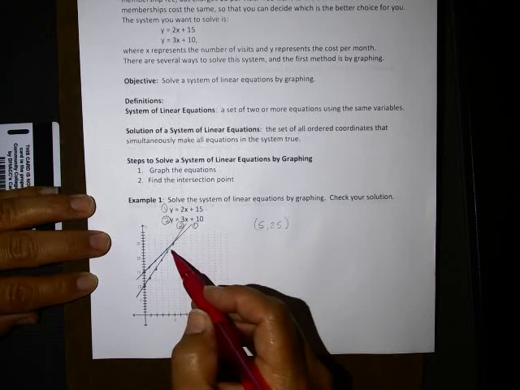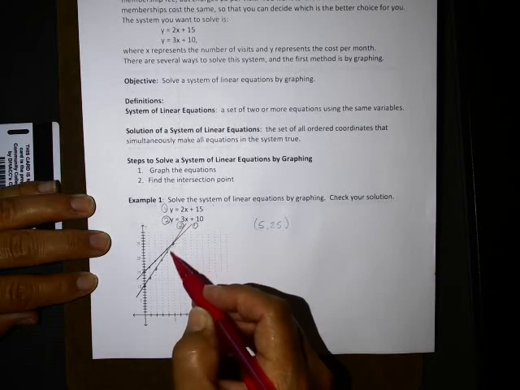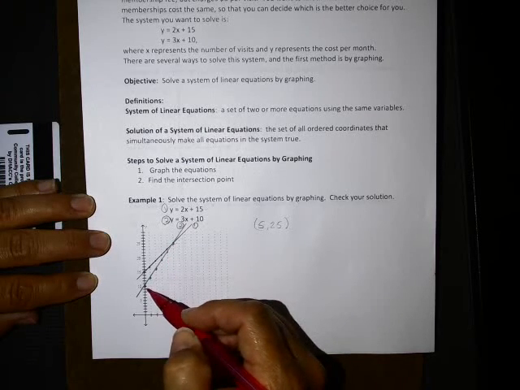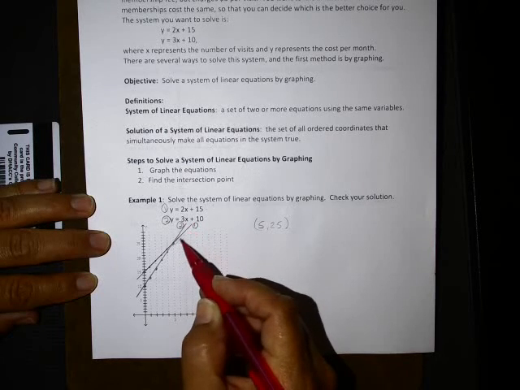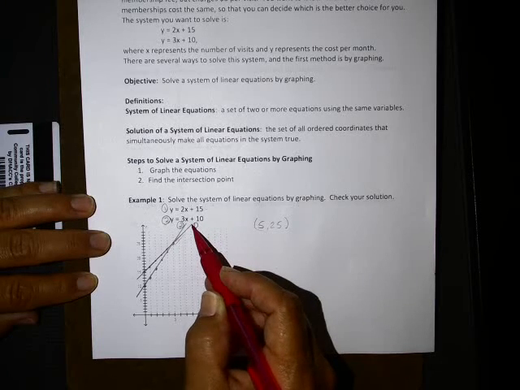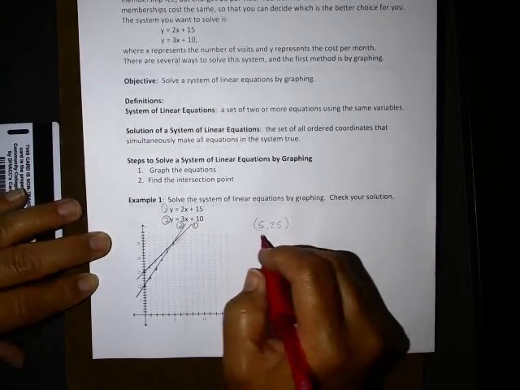So in deciding which membership is better for you, notice that option number 2 is less expensive if you're going to visit for less than 5 times per month. Notice that option number 1 is less expensive if you're going to do more than 5 visits. So it just depends on how many times per month you plan to visit the gym.